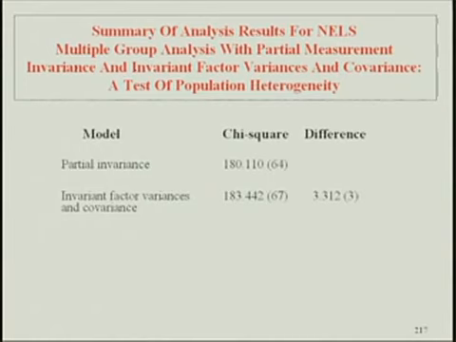Then when I do that analysis, I compare that to the partial invariance model, and with invariant factor variances and covariances, chi-square only goes up 3 approximately with 3 degrees of freedom, which says that it does not worsen the fit of the model significantly, and the factor variances and covariances for males and females do not differ across groups.